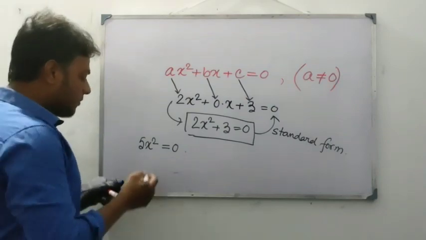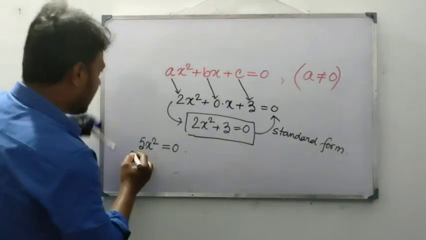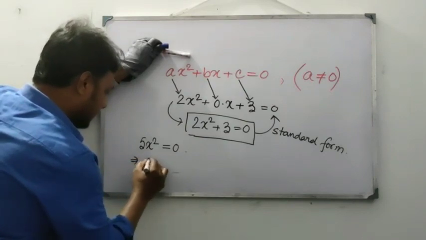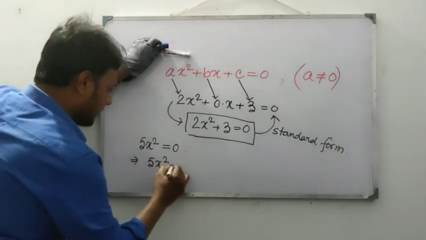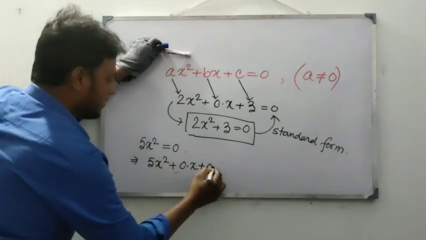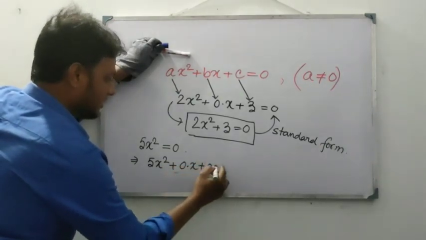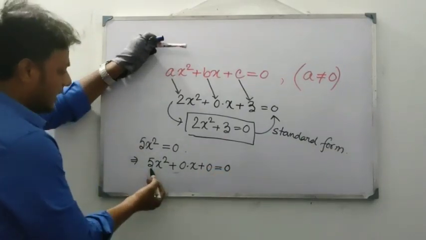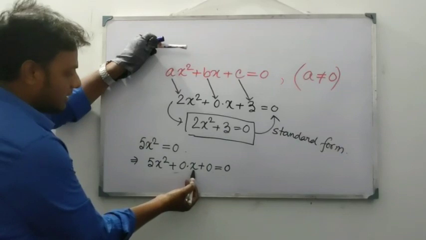If you try to convert it into the standard form, then you have to convert it in this way. That implies 5x square plus 0 into x plus 0 equals to 0. So this is ax square plus bx plus c.